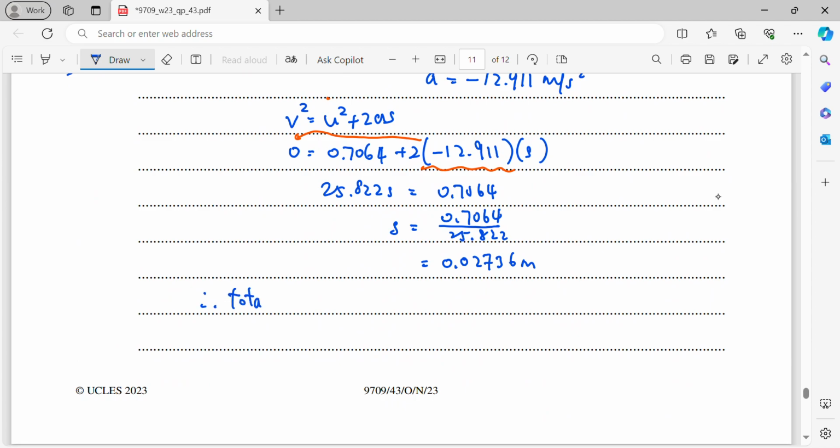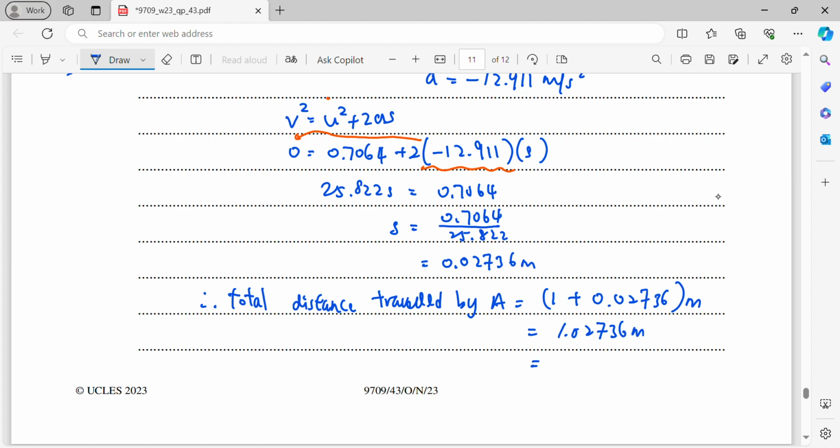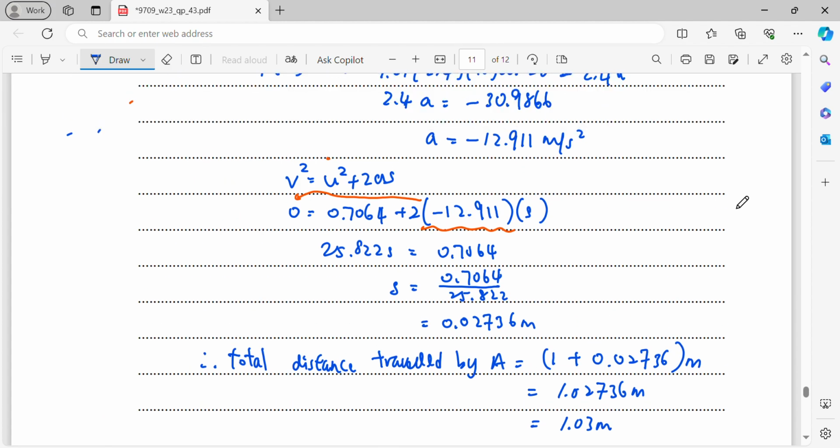Total distance traveled by A equals 1 plus 0.02736 meters, which gives 1.02736 meters. Rounding to 3 significant figures, that will be 1.03 meters. So that's the solution of this question.